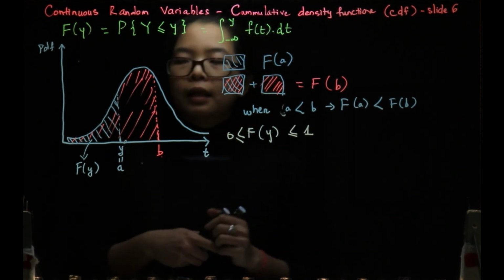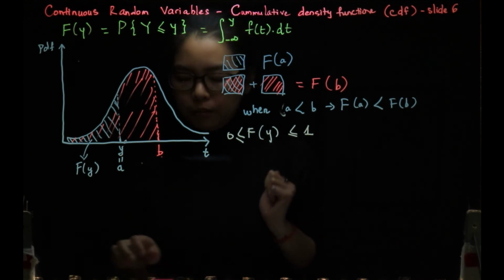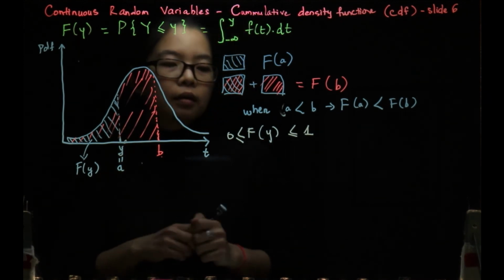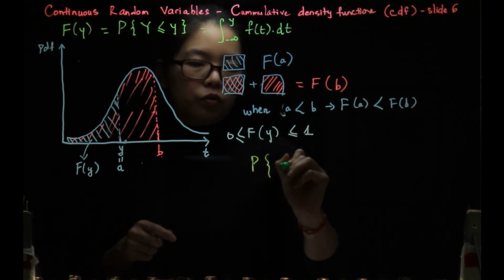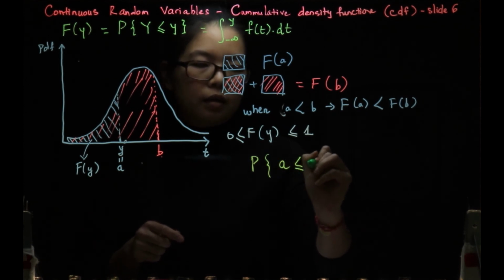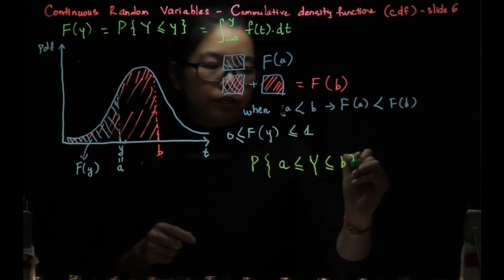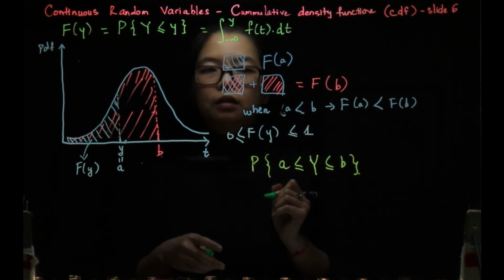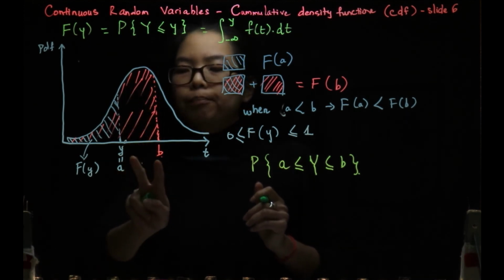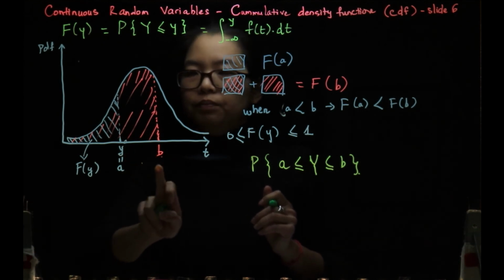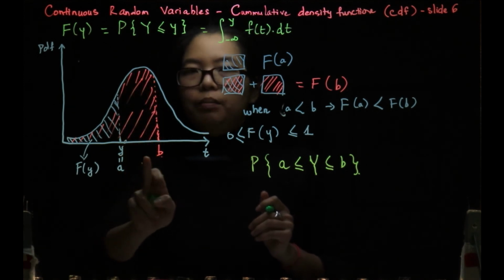Now, how about if you want to calculate the probability that the random variable, that's Y, large Y, right, falls between A and B? How to calculate that? So the probability that Y falls between A and B, we showed in the previous slide already, is the area under the curve between A and B, right?